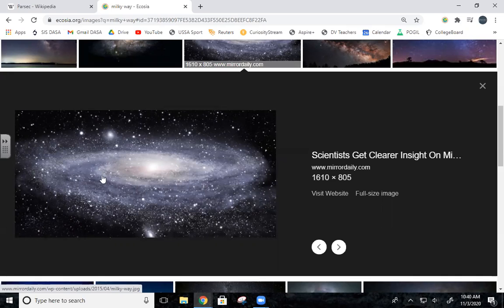It's kind of far. The distance between us and the center of the Milky Way is something like 40,000 light years. We're kind of out near the edge-ish. All right? 100,000 light years across.